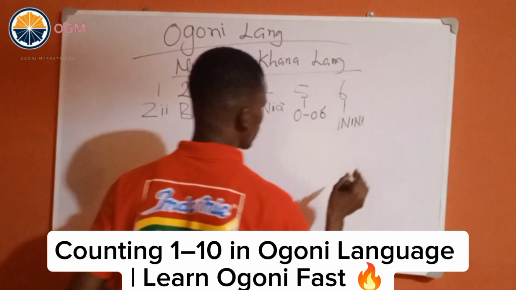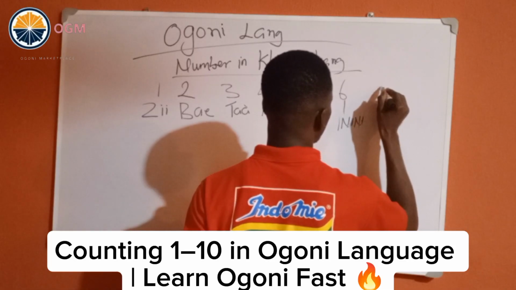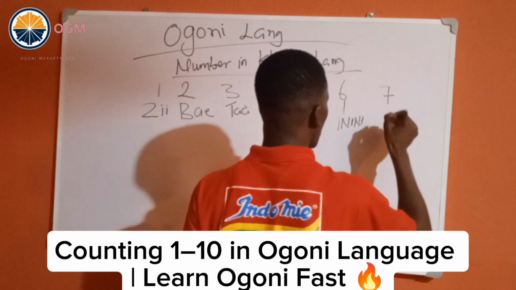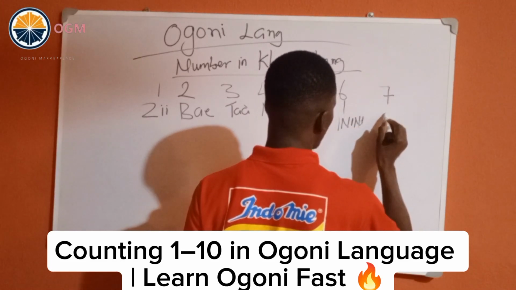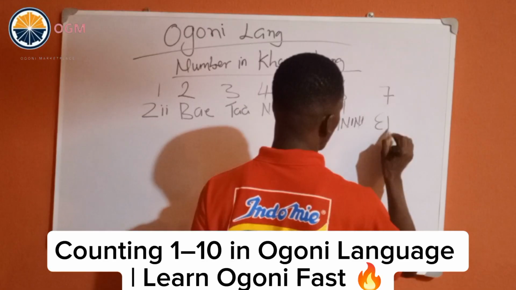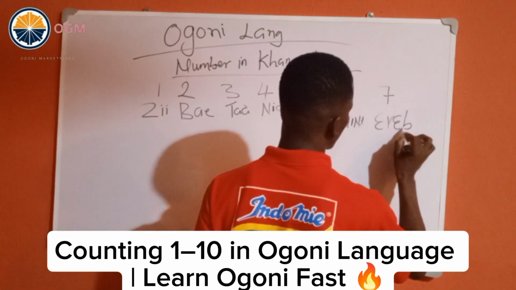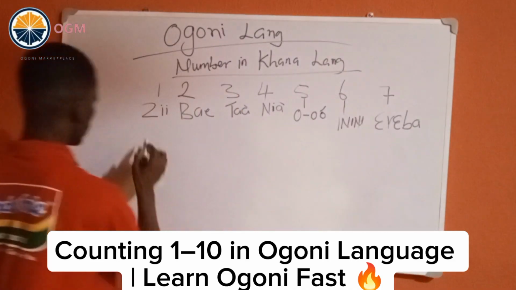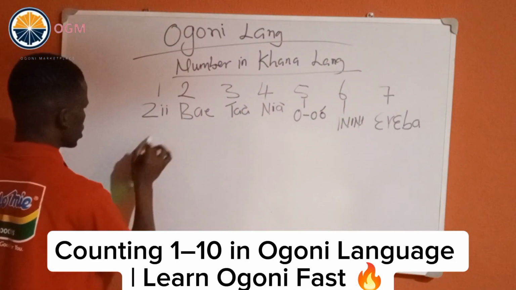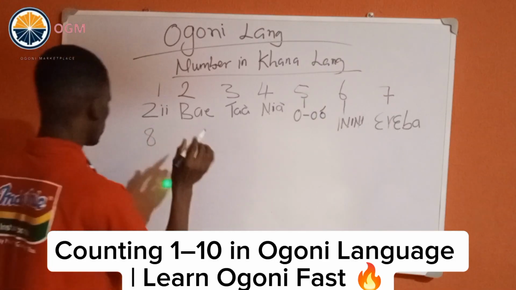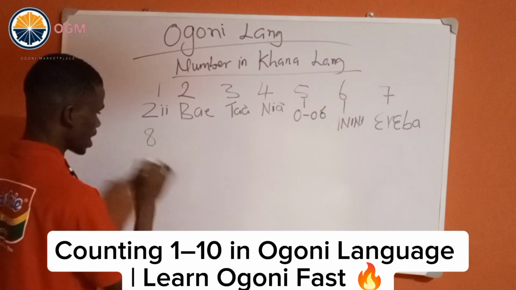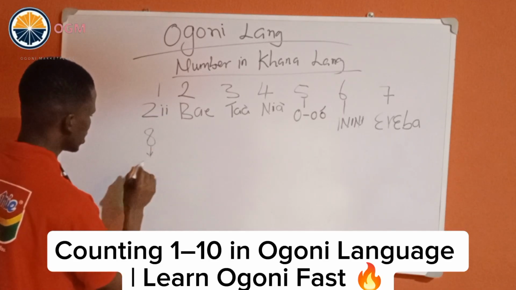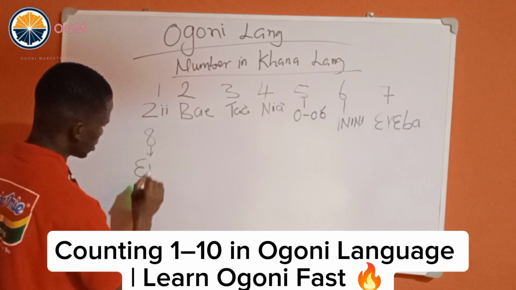Then we have 7, which is eleba. This is the spelling of eleba. We have 8, which is pronounced as ereta. This is the spelling and pronunciation of ereta.